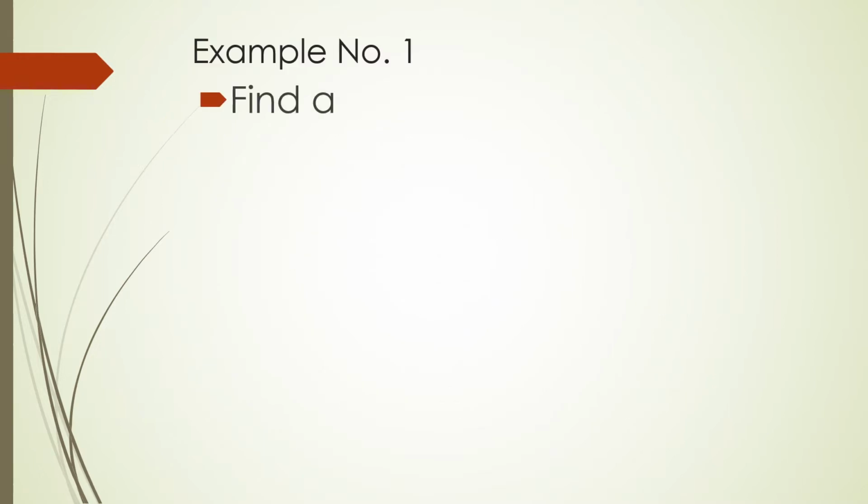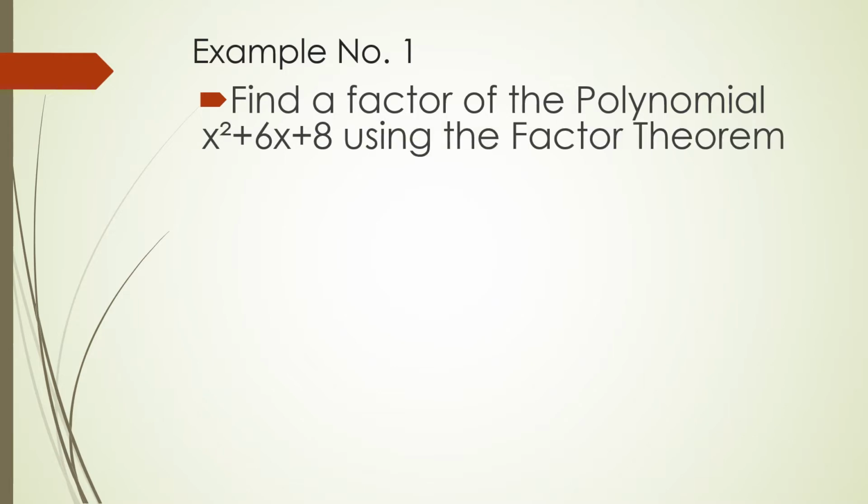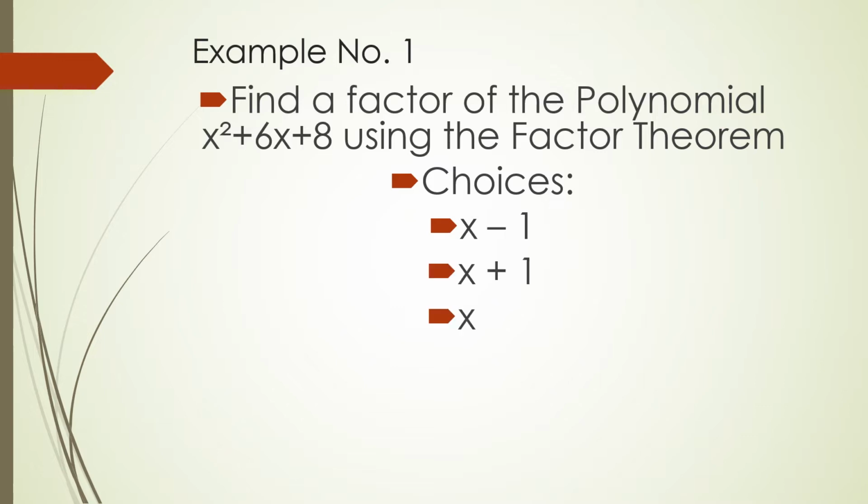Okay, let's have the first example. Find a factor of the polynomial x squared plus 6x plus 8 using the factor theorem. There are 5 choices here. Is it x minus 1, x plus 1, x plus 3, x minus 3, or x plus 2?